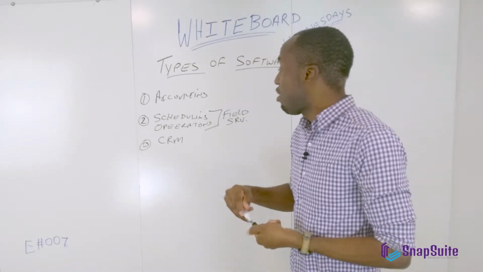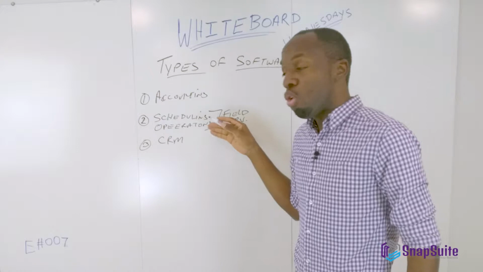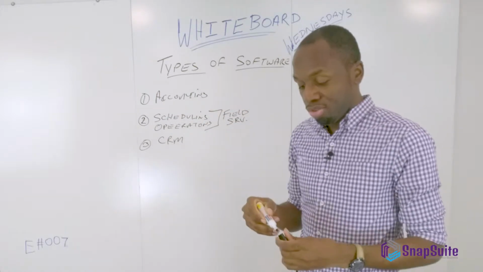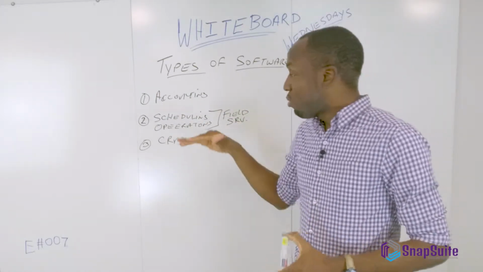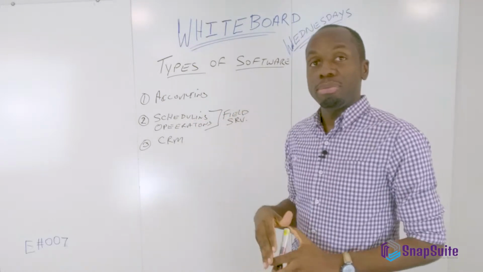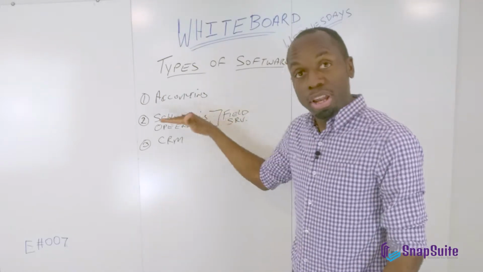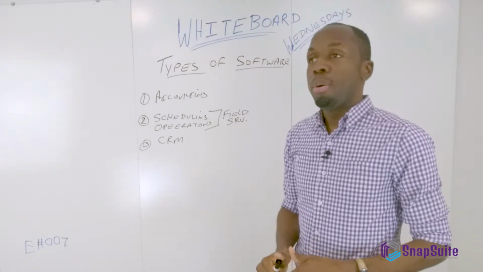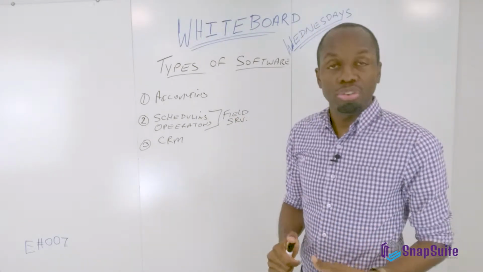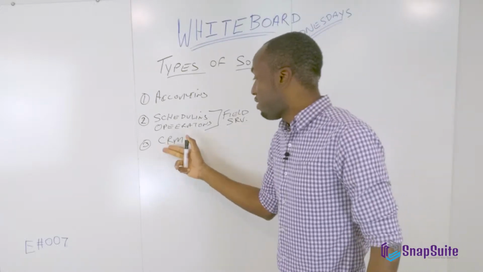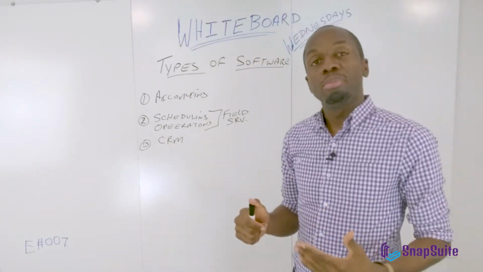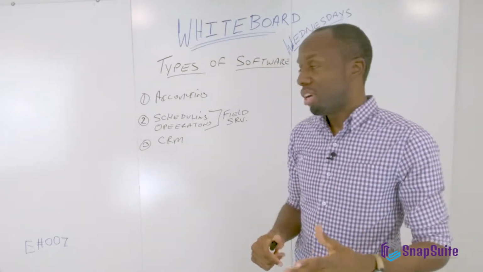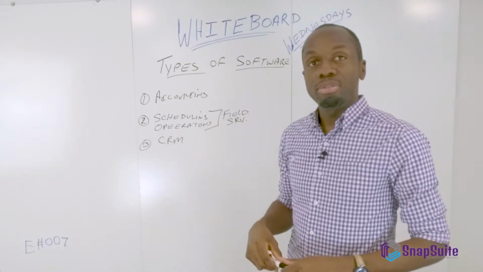Scheduling and operations, or field service, is where operational efficiency comes into play. These are the software that help you move things forward with your business, get purchase orders and work orders out the door. And then CRM, the goal here is to help you communicate with your clients. So, three different types of software.